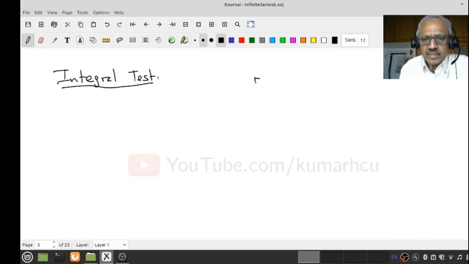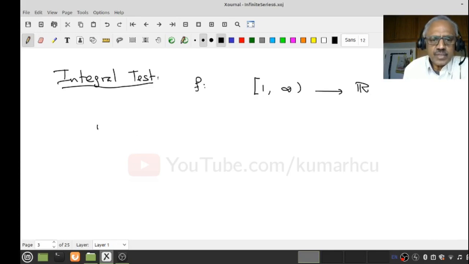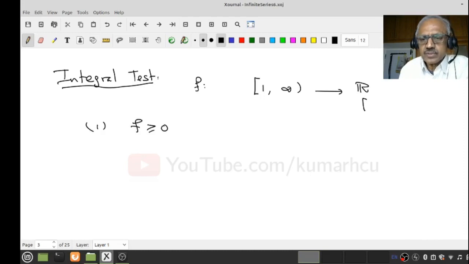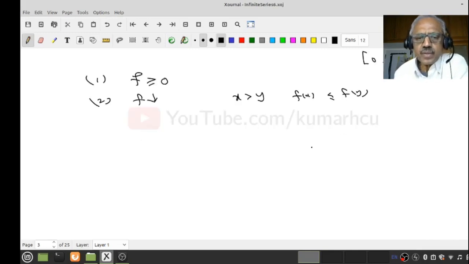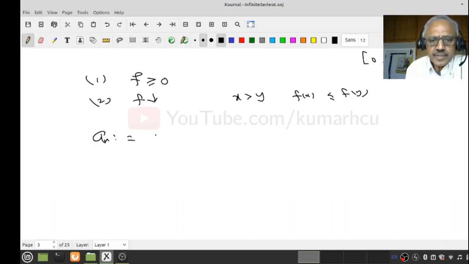Suppose I have a function f from [1, infinity) to R. Assume that (1) f is non-negative, therefore it takes values in [0, infinity), and (2) f is decreasing, that means x greater than y implies f(x) is less than or equal to f(y). These are the two conditions. Then let a_n be f at n for all natural numbers n.